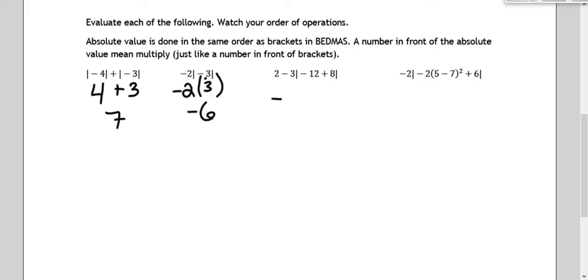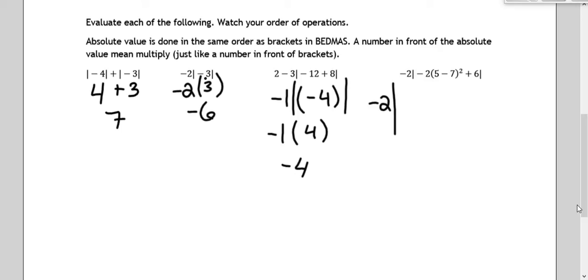This becomes -1, -4. Put an extra set of brackets there just to remind myself. -1, 4, -4. Okay, so this becomes -2.